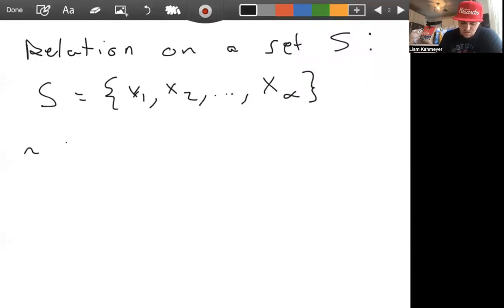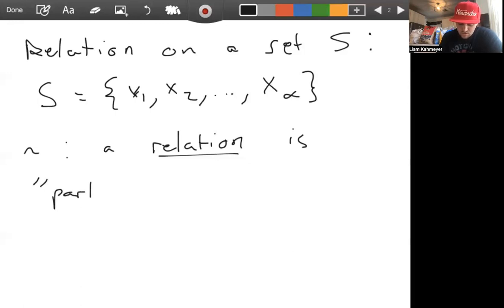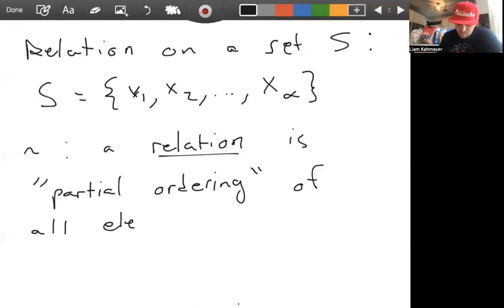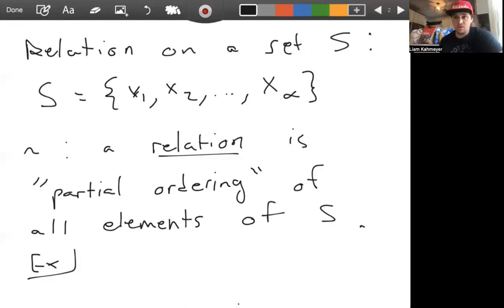So a relation is, I'll say, a quote unquote partial ordering of all elements of S. The most used or familiar example would be equality, right?